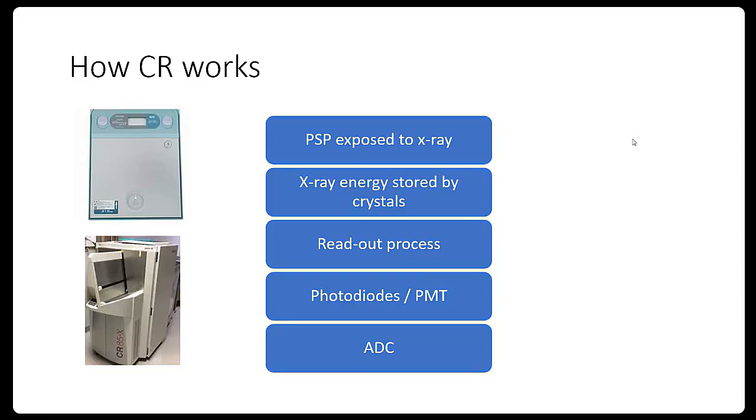A focused laser light is scanned over the PSP plate. It causes the electrons to return to their original state and emit light in the process.